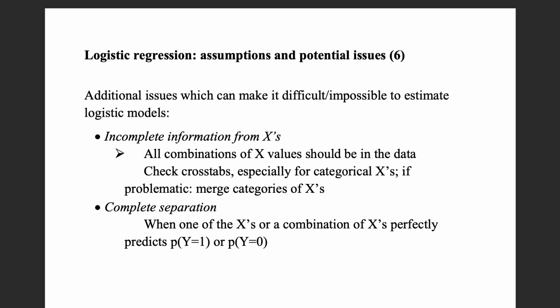So simplify the model in some way. Try to estimate fewer X variables at the same time. If you have many categorical variables with many dummies that you include, try to merge categories. So make larger categories so that you have more variation going on, and then there's less likely to be a problem of complete separation in your logistic regression estimates.